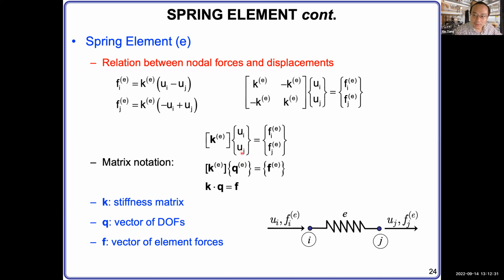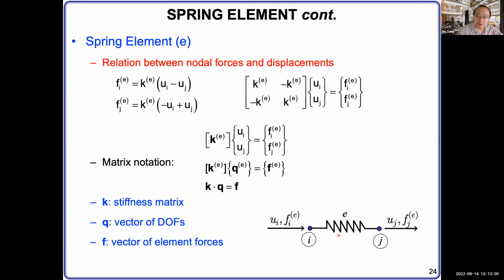For 2D, 3D cases, we have Vi, Vj, Wi, Wj, and then Q is a 6 by 1 vector. So K times Q equals F, right? You can also write it in a very abbreviated form: bold K dot bold Q equals bold F. This is the convention that you need to get very familiar with, how to form this kind of equation set for the single spring.